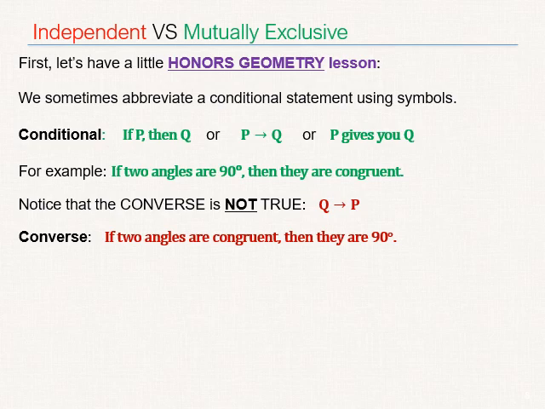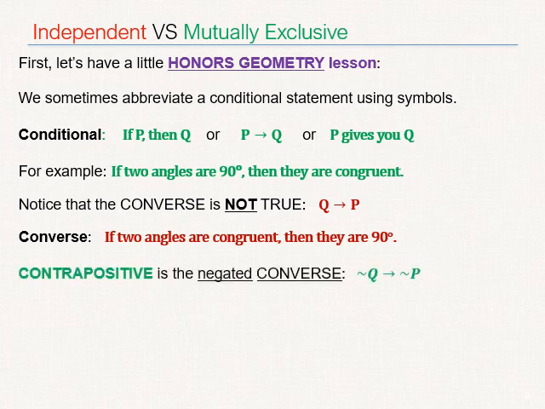Sometimes converses can be true, but for this one, they are not. All right, so then we have another term. We have the conditional, we have the converse, and we have another term called the contrapositive. You've been taught conditionals and converses, but you probably were not taught the contrapositive. It used to be part of our curriculum in honors geometry, but for some reason they haven't taught that in years, at least not at Montclair High School. The contrapositive is like the converse, but it is negated, which means we do the opposite of the P and Q statements.